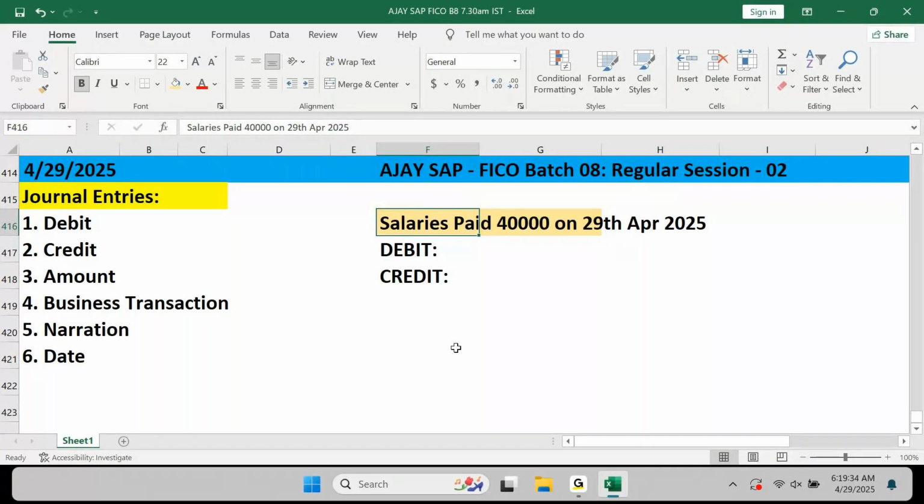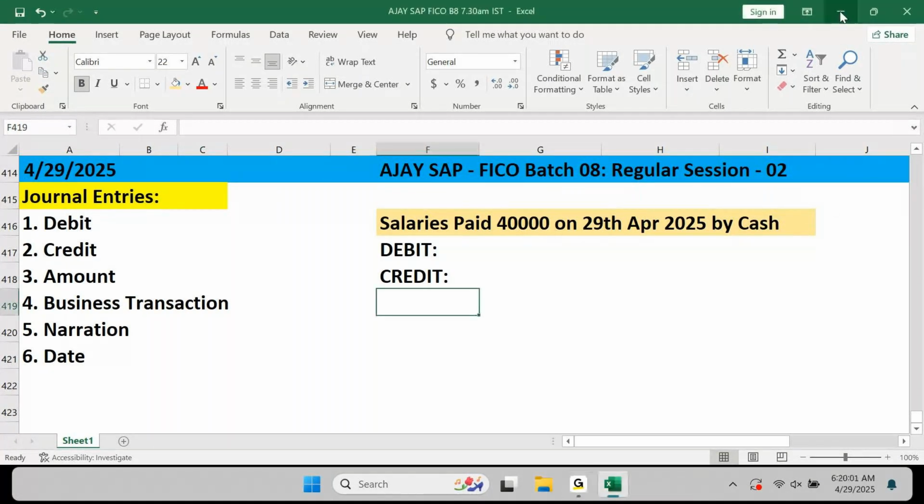No. GLs required, not mentioned. Let's say by cash. Meaning the minimum information that we require to write the accounting entry must be there. Otherwise, no imaginations, no assumptions will work here. We'll have to strictly make sure the information we are looking for is clearly given to us.